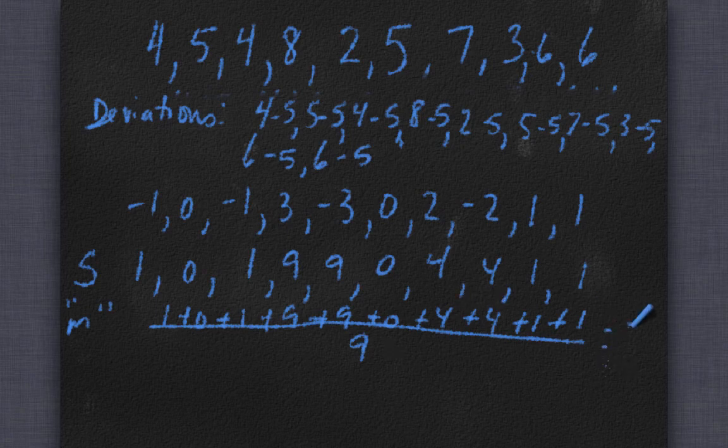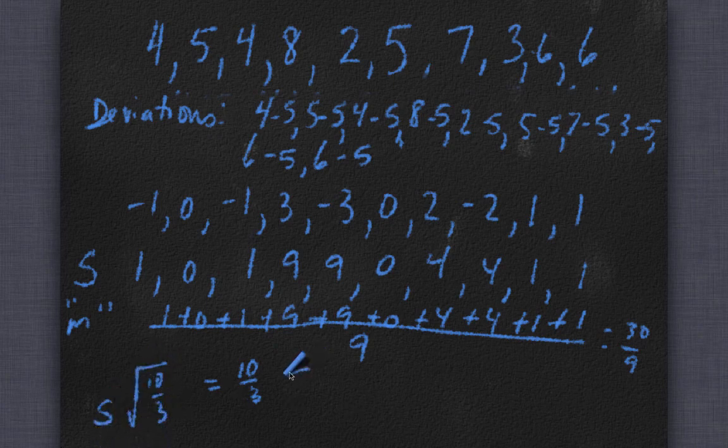So that's 30 over 9, which is 10/3. And then for the S part, so this is the variance. If you're asked for a variance, you stop right there. This is the standard deviation, when I take the square root of that. I'm sorry, this shouldn't have been S, this should have been R. So RMS.